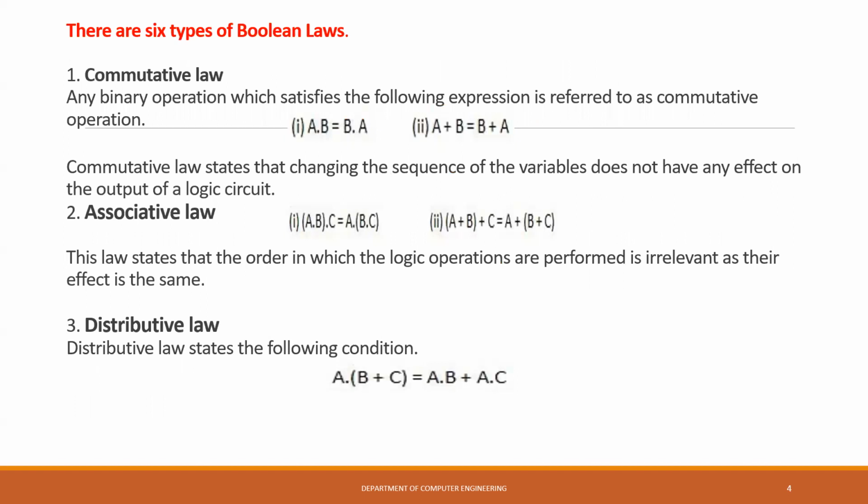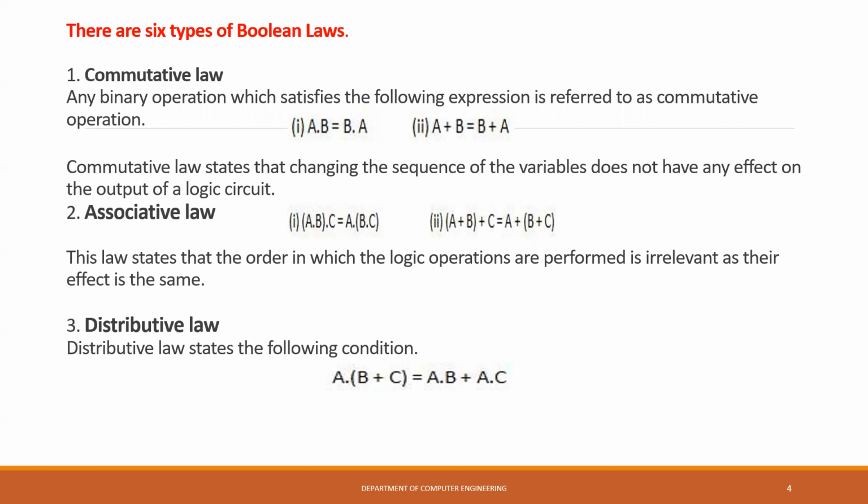Now, before going into detail with the different minimization techniques, let us discuss the basic Boolean laws. The first one is the commutative law. Here, any binary operation which satisfies the following expression is referred to as a commutative operation.